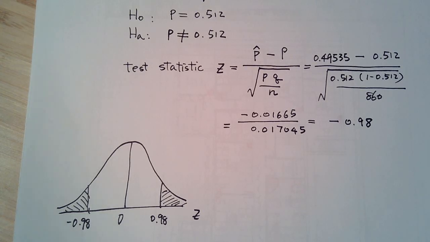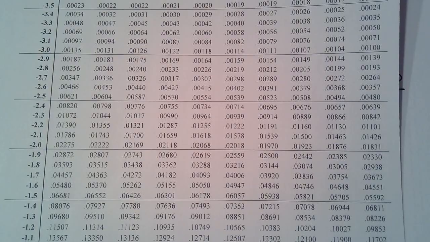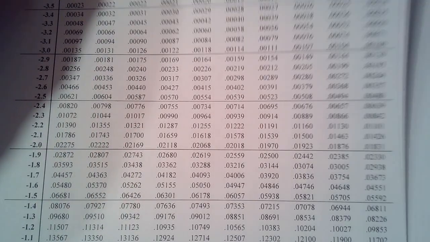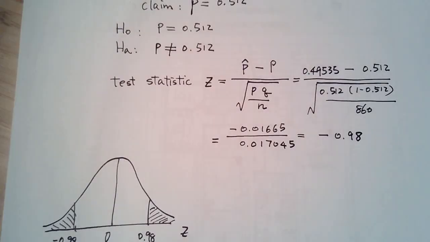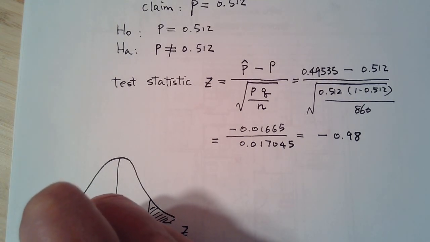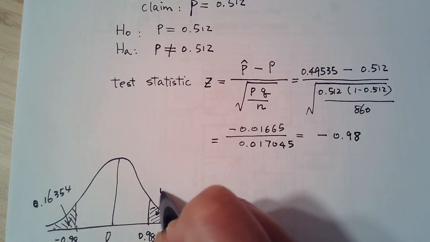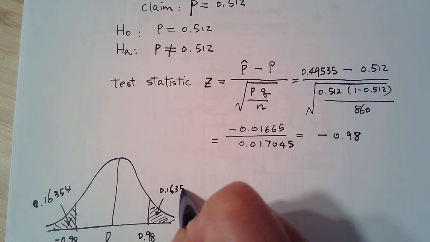If you look at the z table, to the left of negative 0.98, I get 0.16354. The right tail is the same because they are symmetric.